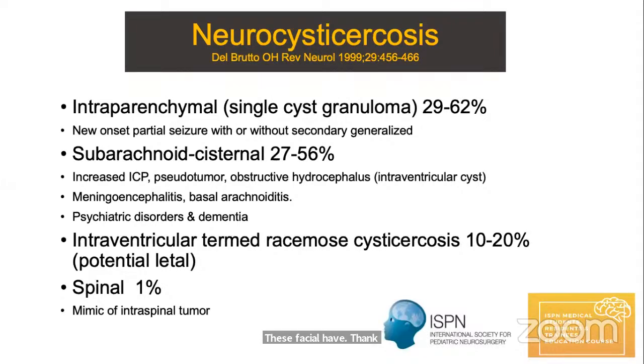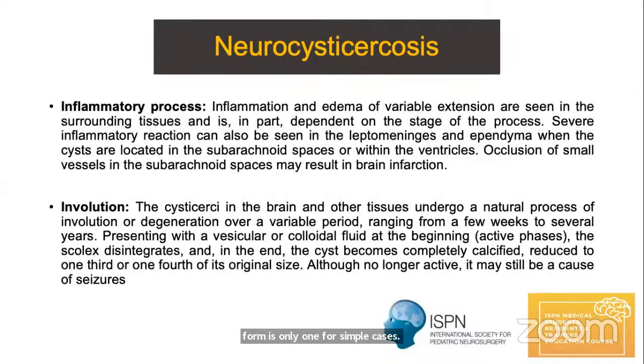They develop dementia. In the intraventricular form, racemose cysticercosis is less common, less than 20% of all cases, but is potentially lethal. And the spinal form is only 1% of all cases and mimics an intraspinal tumor.